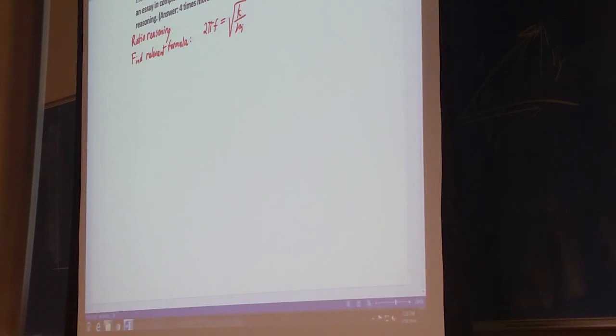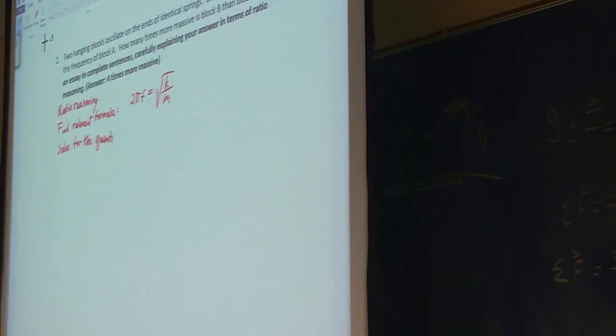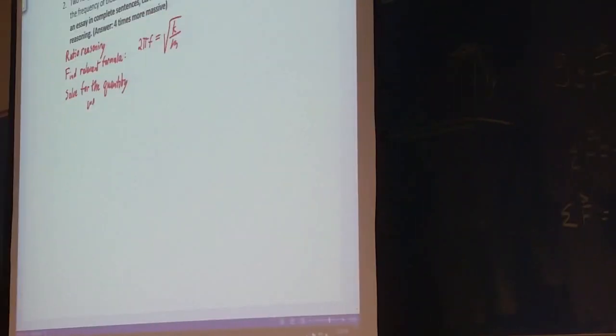Okay, this includes the frequency, it includes the mass, and so the next thing that we need to do is solve for the quantity we need to change.